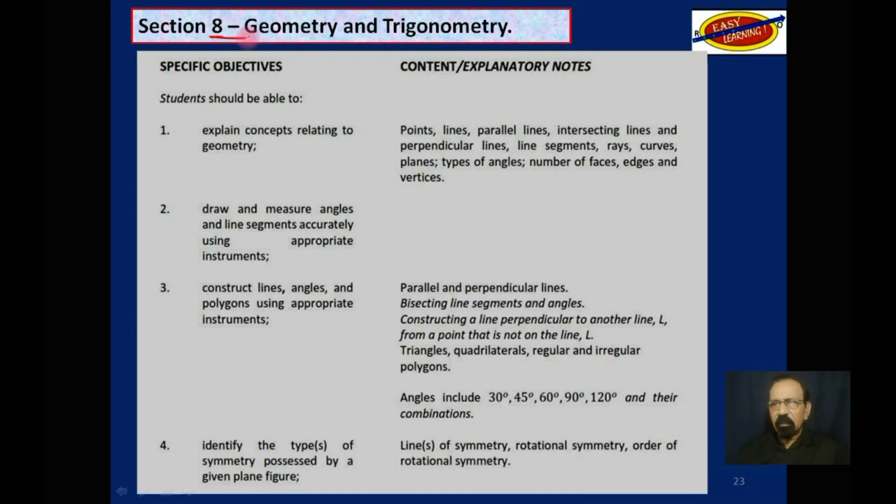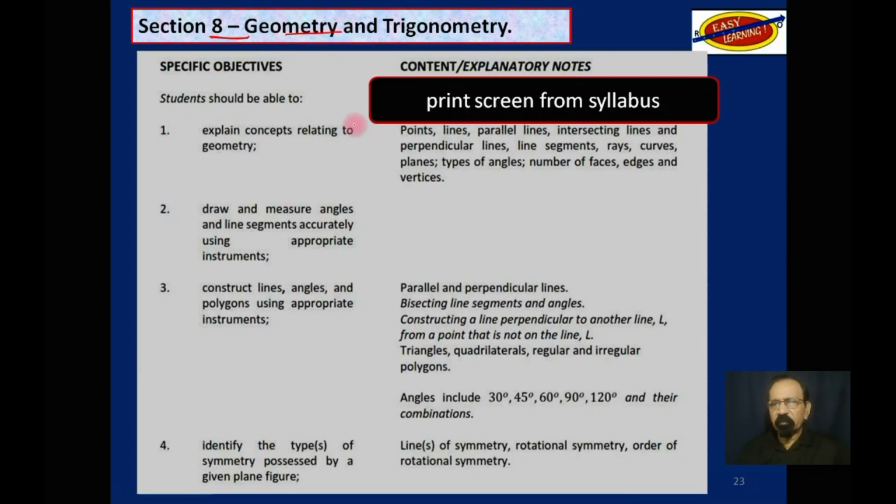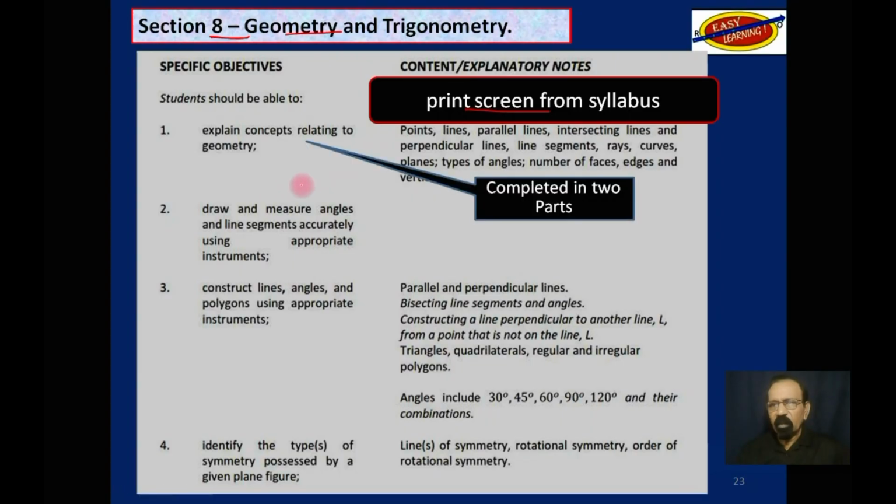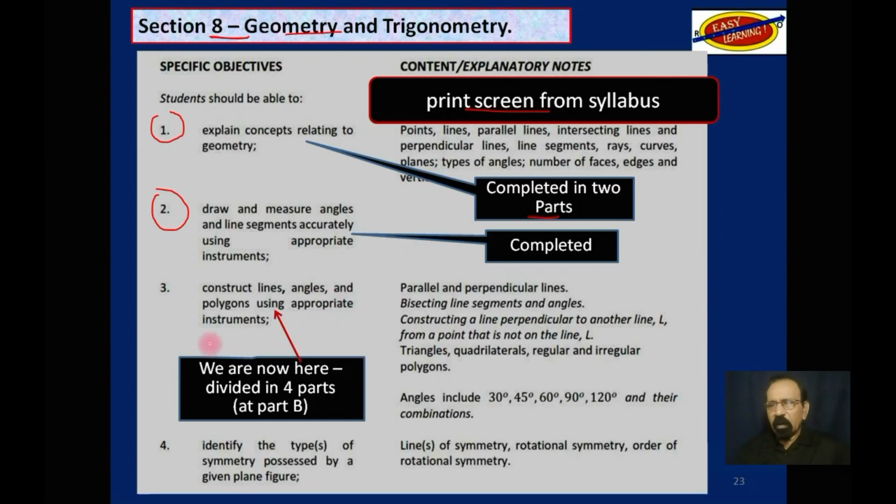Section 8, which is the section we are currently doing, geometry and trigonometry. This is a print screen from that section. We have completed objective 1 in 2 parts. We have completed objective 2. We are now at objective 3, but we have divided that into 4 parts.